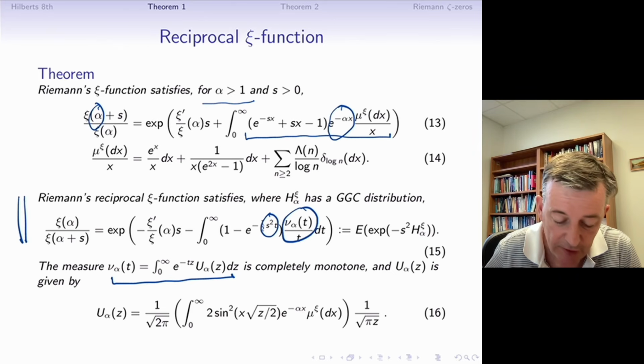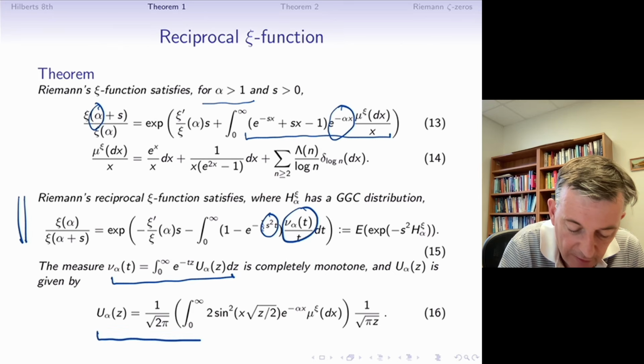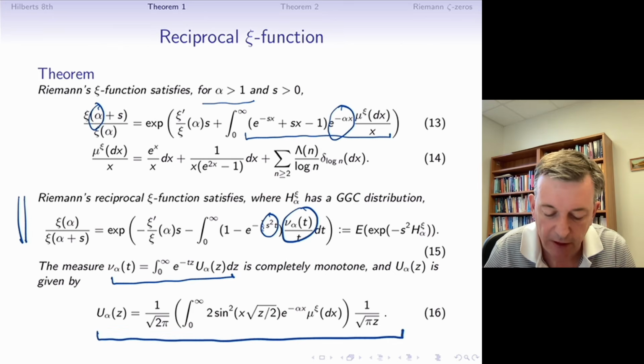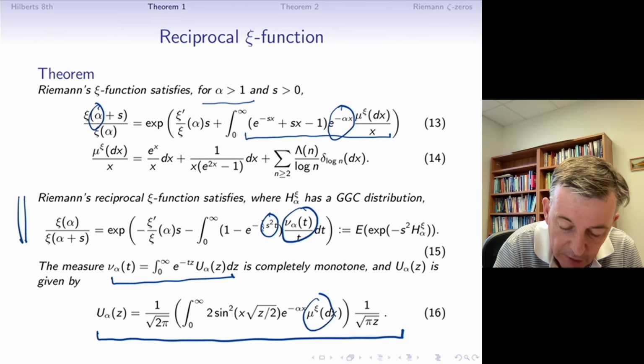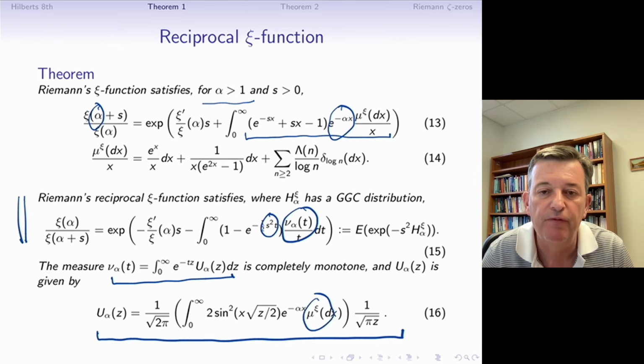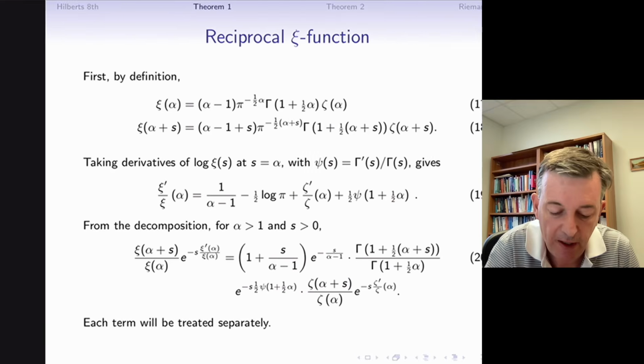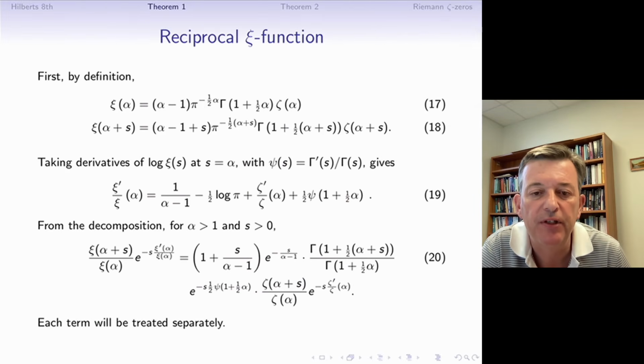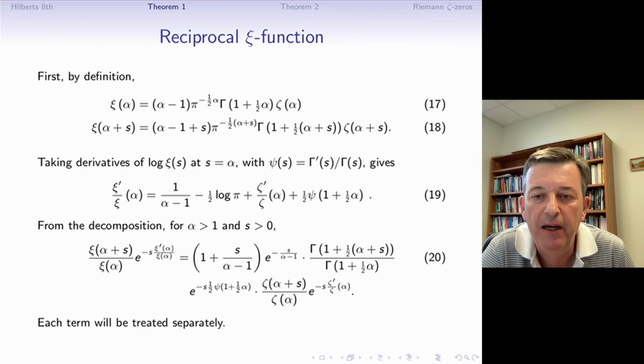So we actually have an explicit formula for the Thorin measure in terms of the Levy measure mu, which is given by 14 above. Okay, so let's just quickly see how we directly prove this, and again, mainly just algebraic calculation. So 17 and 18 are just definitions of xi of alpha and xi of alpha plus s.